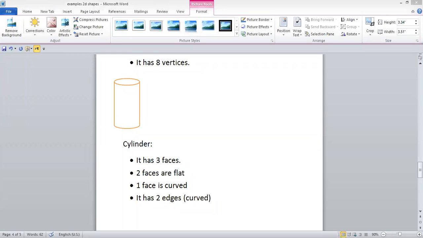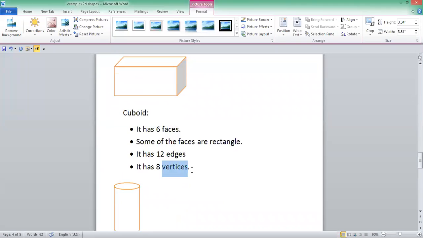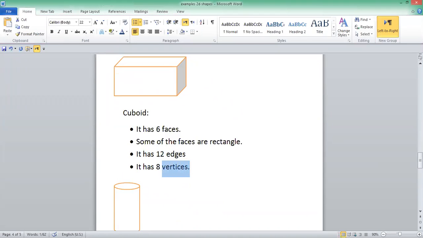You complete it fast. Until then, I'm asking you a question. I'm going to open the chat, and you have to tell me how many vertices are there in a cuboid. How many vertices are there in a cuboid? Look here, this is a cuboid.